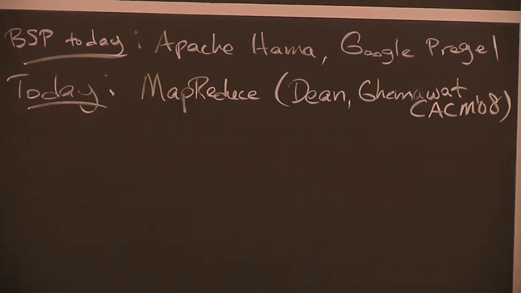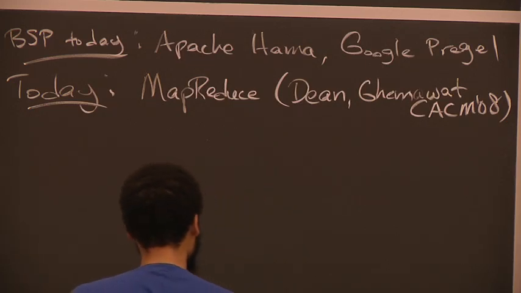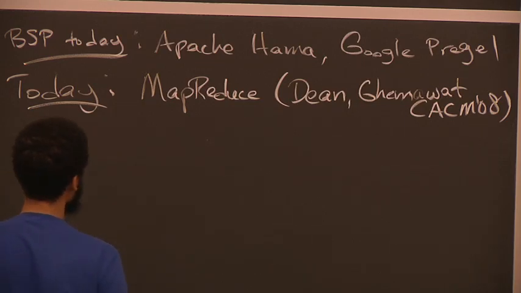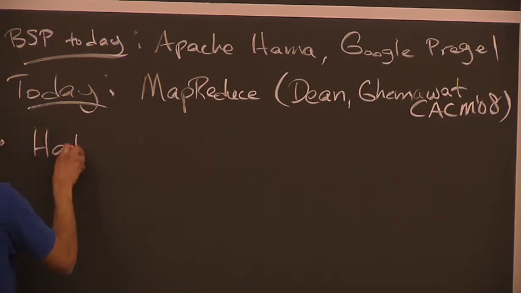And again, this is a system that was built that's actually used at Google right now to deal with massively parallel jobs. And you also have Hadoop, which is an open source version.